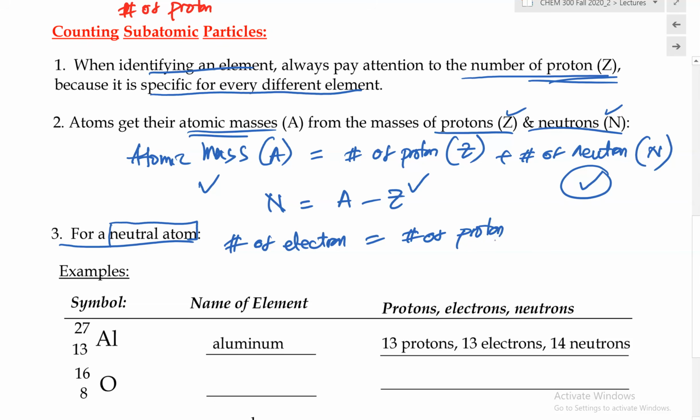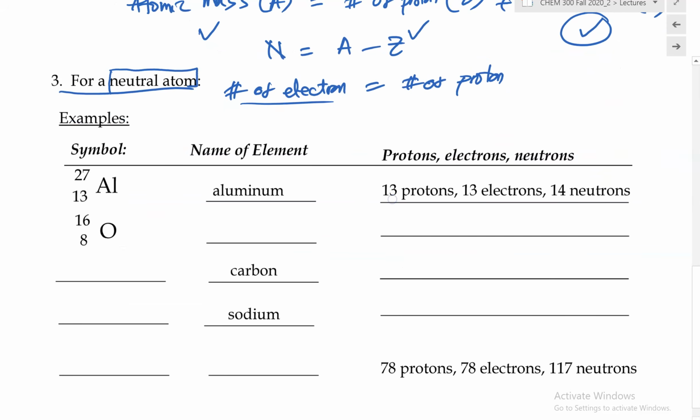So if we know what element it is, and we know the fact that the atom is neutral, then we can easily figure out the number of electrons that the atom would have. For an example, here is the nuclear symbol of aluminum, and aluminum has the atomic number of 13 and the atomic mass of 27, and that's where that information would go.